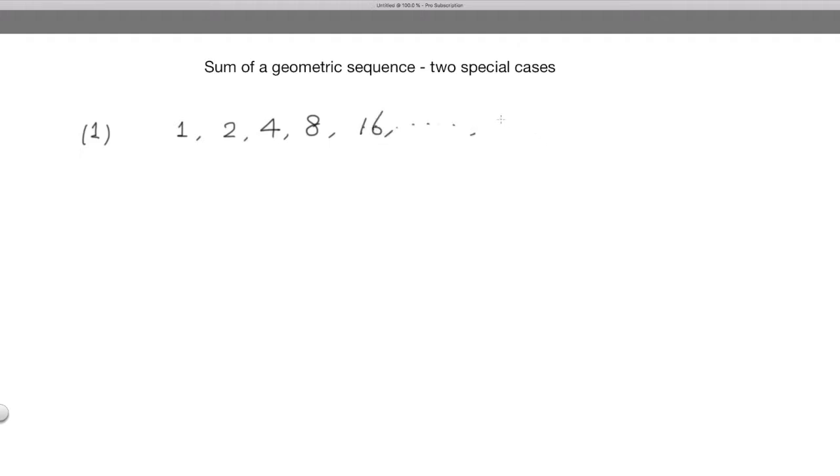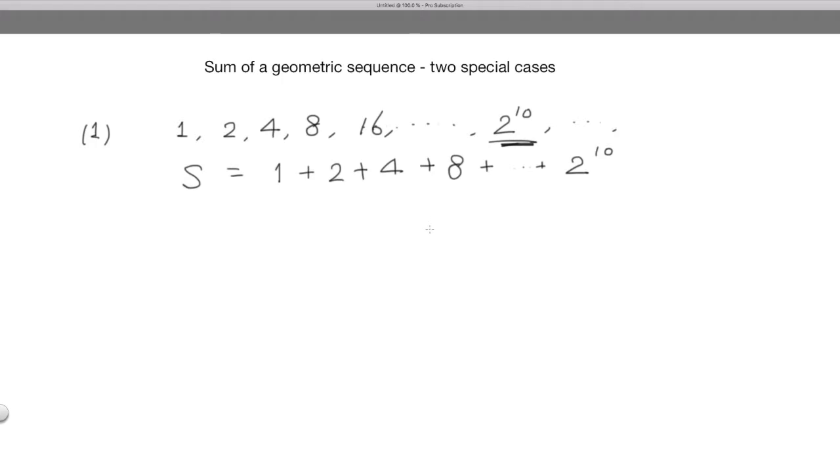Let's say we want to sum all the way to 2 to the power 10. So S equals 1 plus 2 plus 4 plus 8 plus all the way to 2 to the power 10. And remember, 2 to the power 10 is the 11th term.